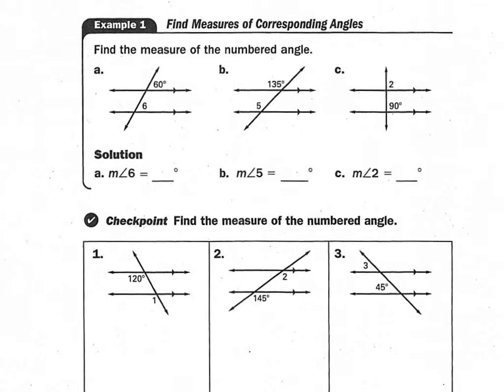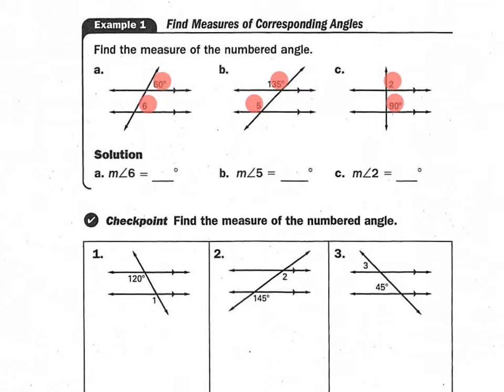In example 1, we're asked to find the measure of angle, in this case, angle 6. And in this case, it's angle 5 and angle 2. And if you notice, angle 6 in A and that angle at 60 degrees are corresponding angles. Same thing here, 5 and 135, and 2 and 90.